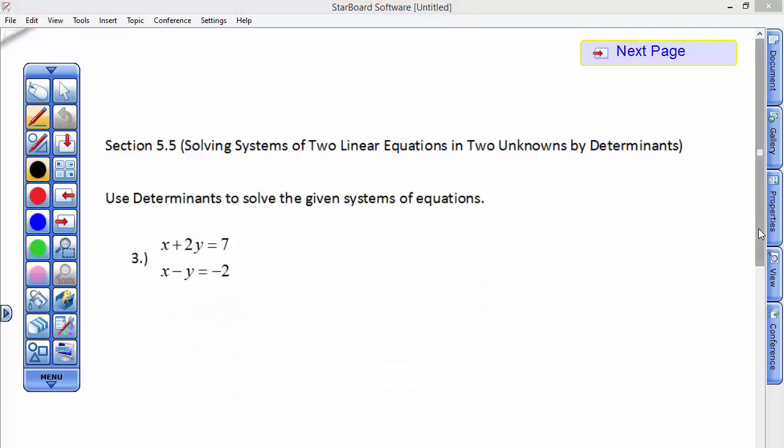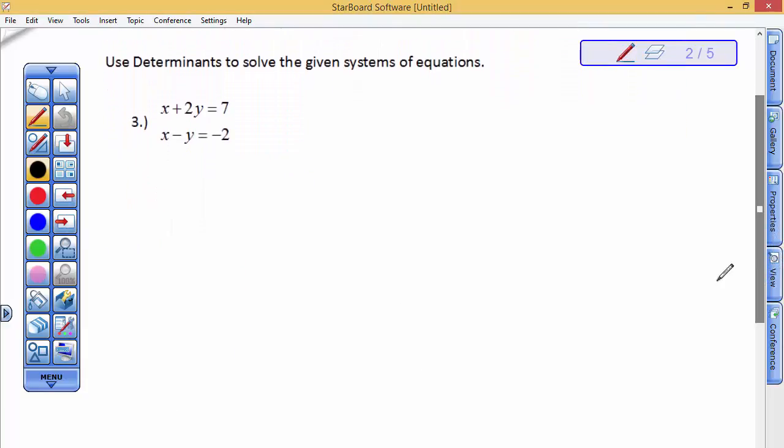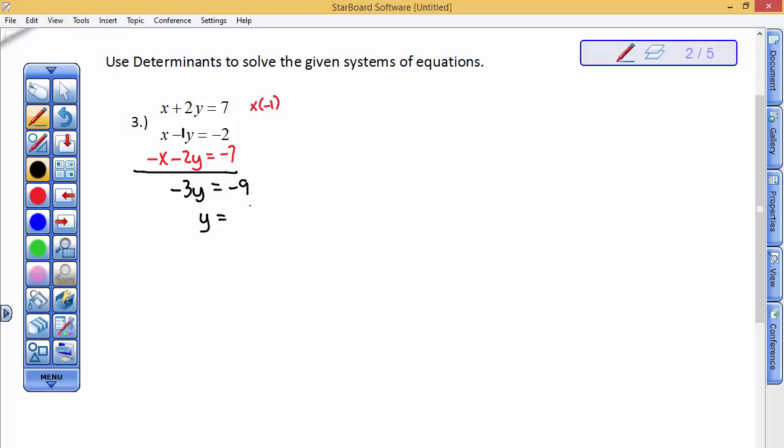So first of all, how about if we take this system and we solve it by elimination first? So let's multiply, actually I'm going to multiply the first equation by a negative 1. So this x will become a negative x, the 2y will become a minus 2y, the 7 will become a minus 7, and when we eliminate these x's, we have a minus 3y equals a minus 9, and we divide both sides by a negative 3, and we get y is equal to 3.